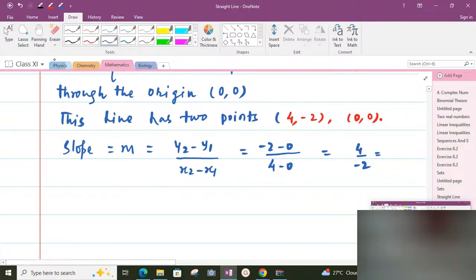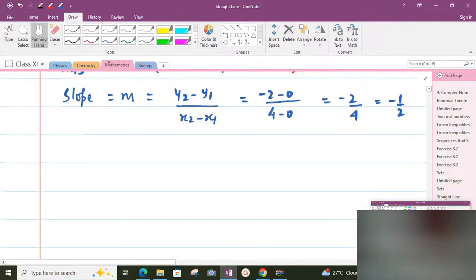So here will be -2 by 4. After cancelling out, we get -1 by 2. So hence the required slope of the line is -1 by 2.